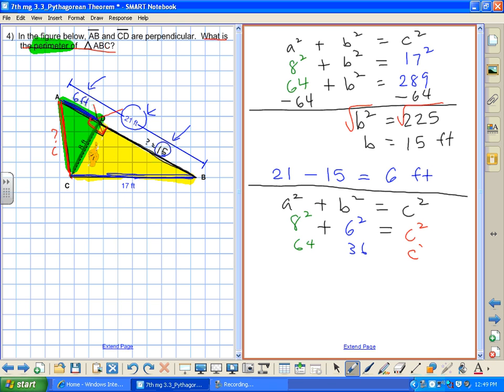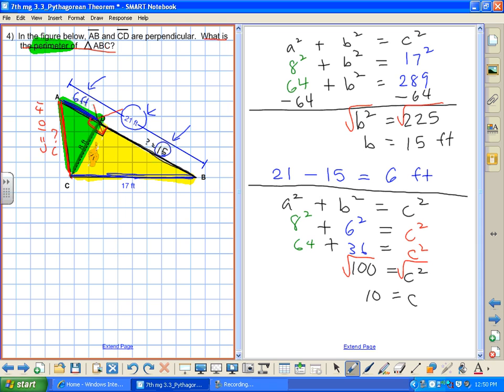C squared is the unknown. Okay, you add them together, you end up getting 100 equals c squared. What do I do next? I need to take the square root of both sides, as you know, and my c is 10. Okay, so c equals 10 feet.